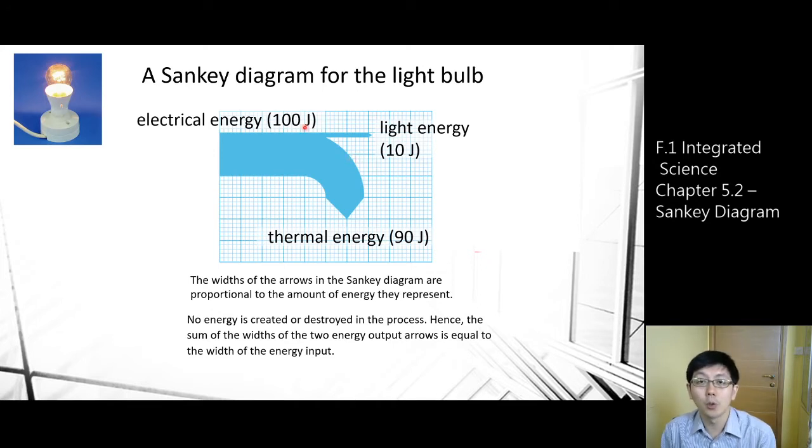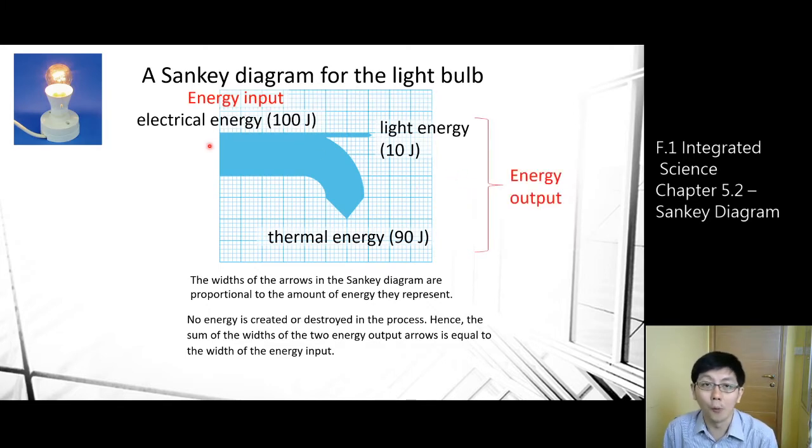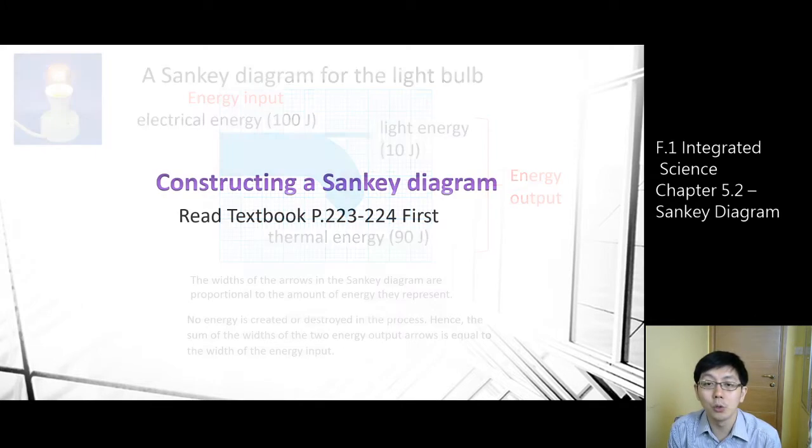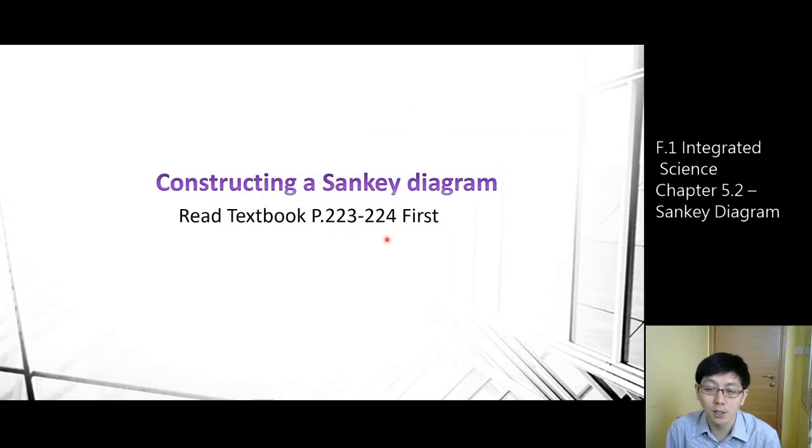So how can we construct a diagram like this to demonstrate the energy input and the energy output for the light bulb? Now the steps are already printed in the textbook, so I wish you to read these pages first before we move on to the example. Now I will use the following part and draw the Sankey diagram with all of you.